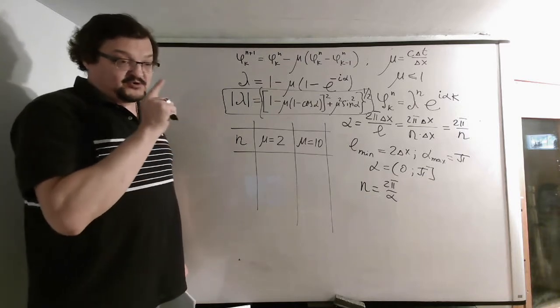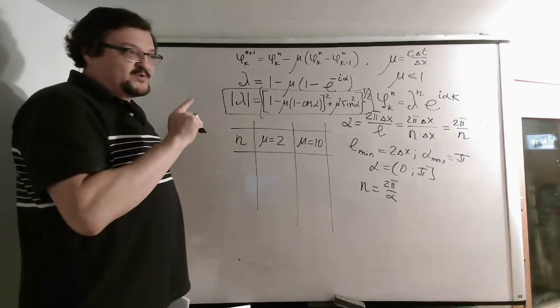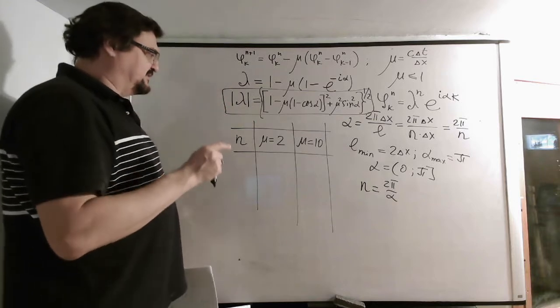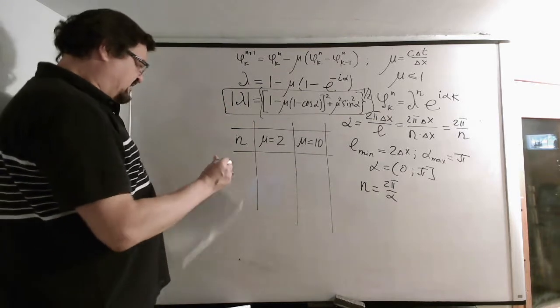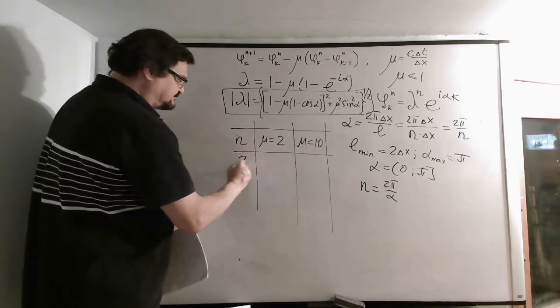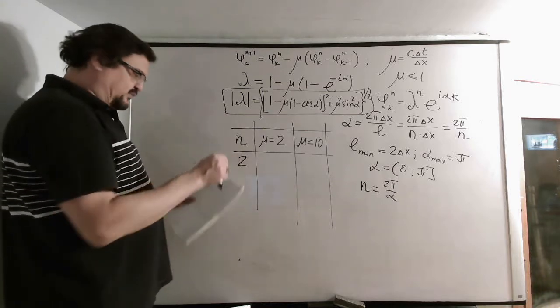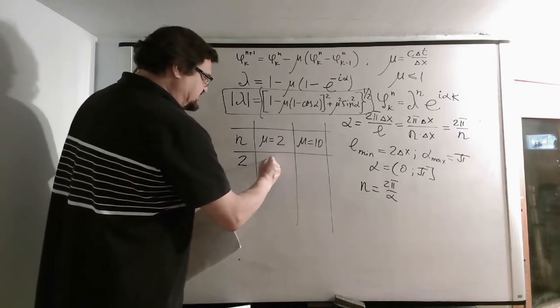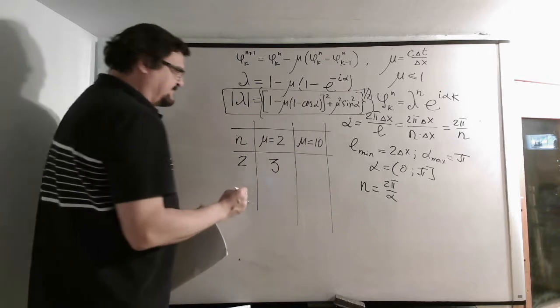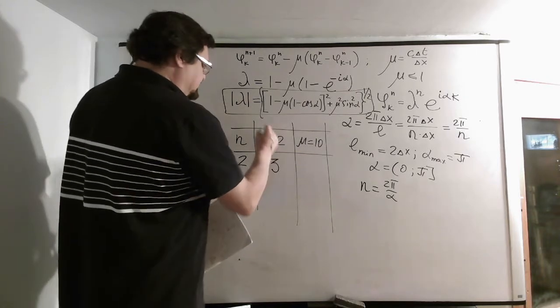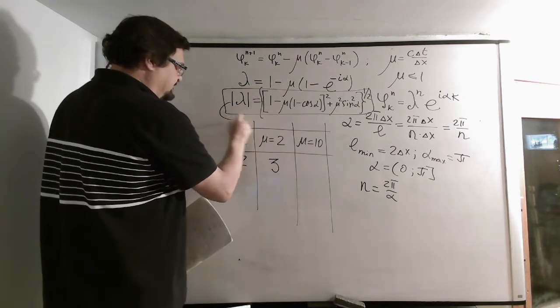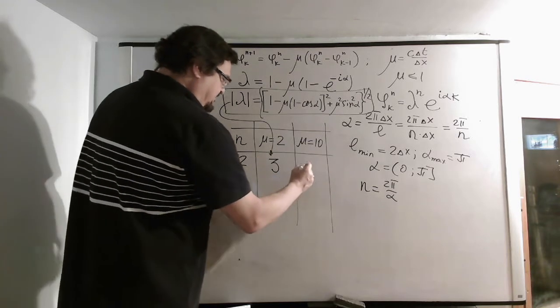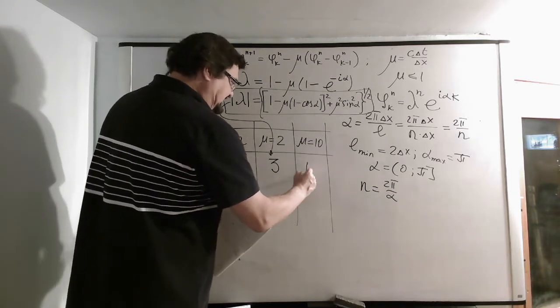Of course, the shortest waves are going to go first, but what's the difference between the longest and shortest waves? Let's say for wave number 2, so 2 delta x waves, the amplification factor is 3, and here it is 19.